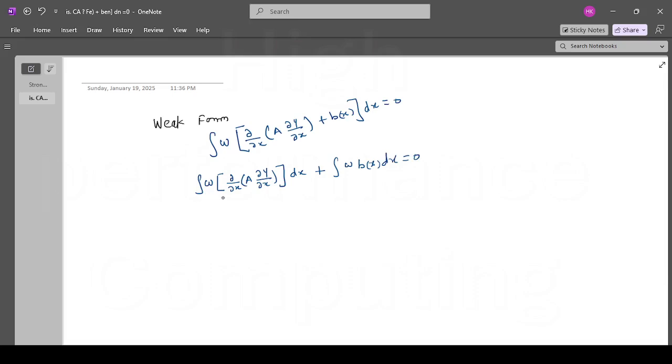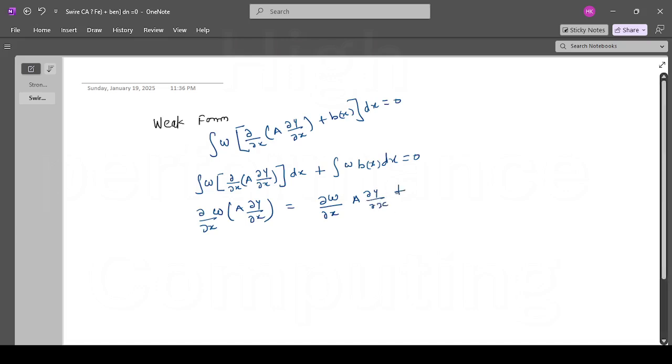Now apply, we know that the differentiation of the multiplication of two functions will be the differentiation of the first function with the second function as it is, plus the first function as it is with the differentiation of the second function.